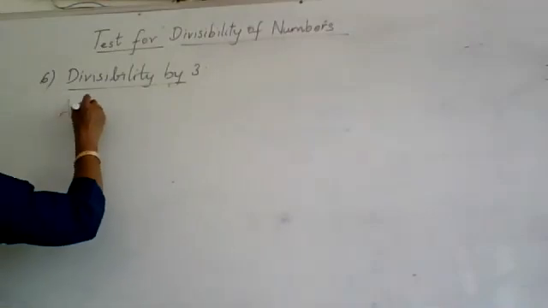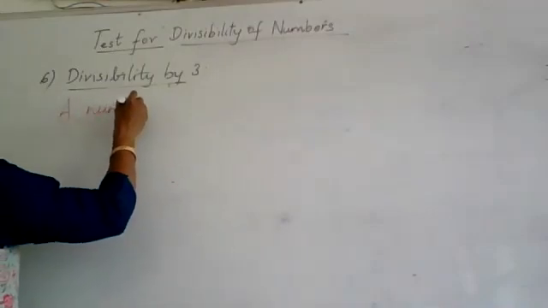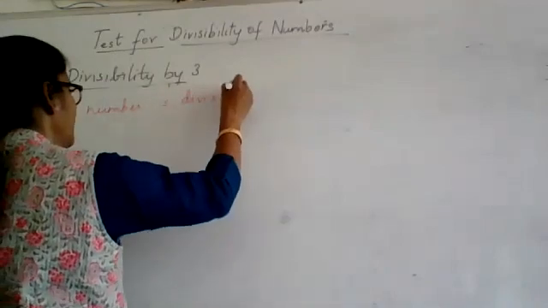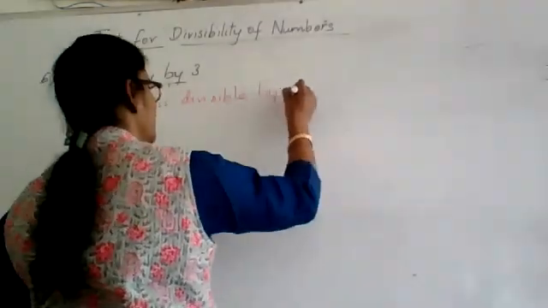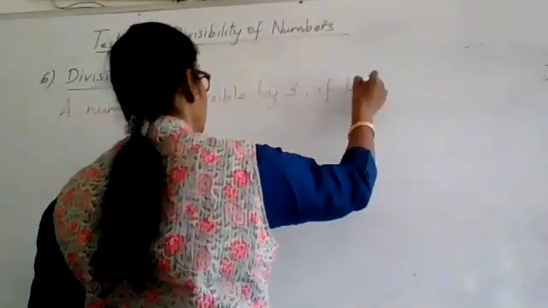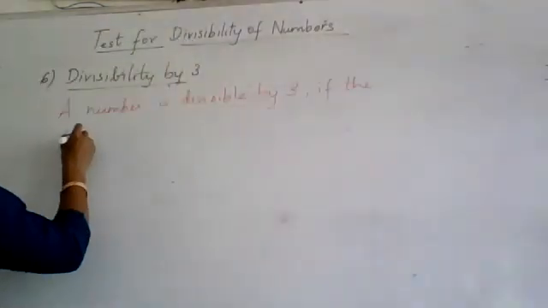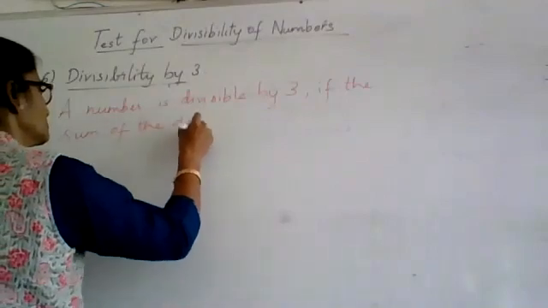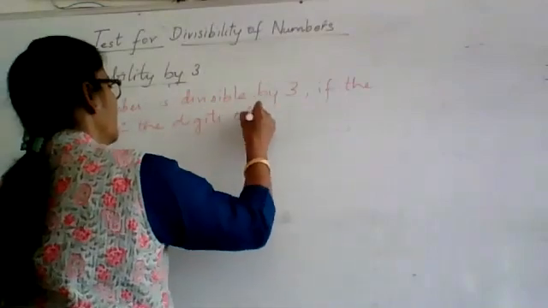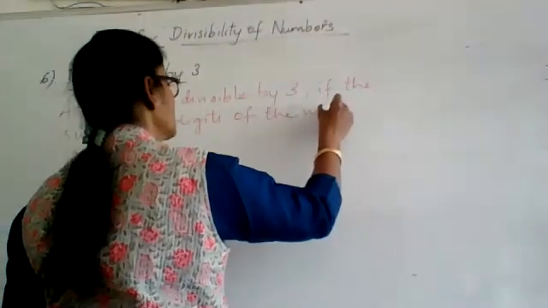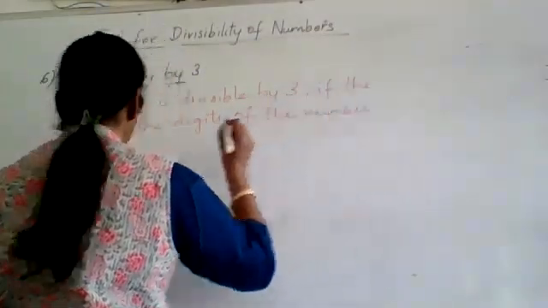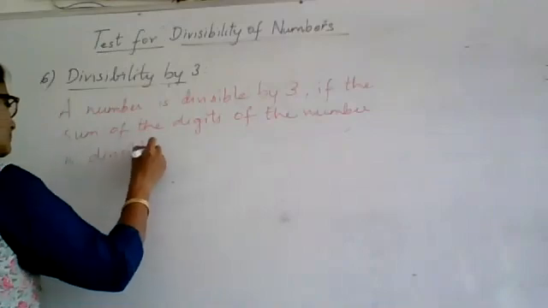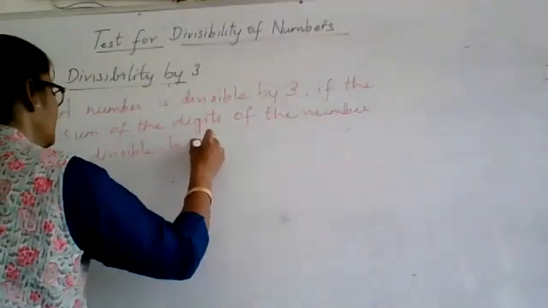A number is divisible by 3 if the sum of the digits of the number is divisible by 3. Now what does that mean?